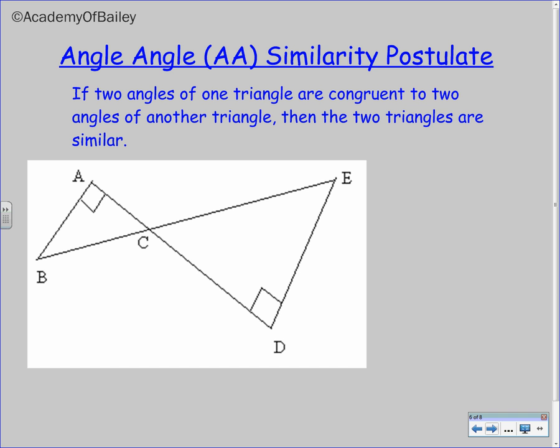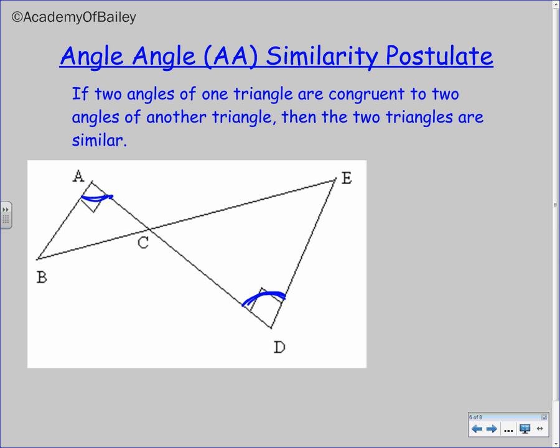How about this one? These two triangles are also similar through angle-angle. So can you figure out what the two congruent angles are? Well, we have no parallel lines, but we do have these right angles. Those aren't congruent angles yet, but you do know from a theorem earlier in the year that all right angles are congruent.